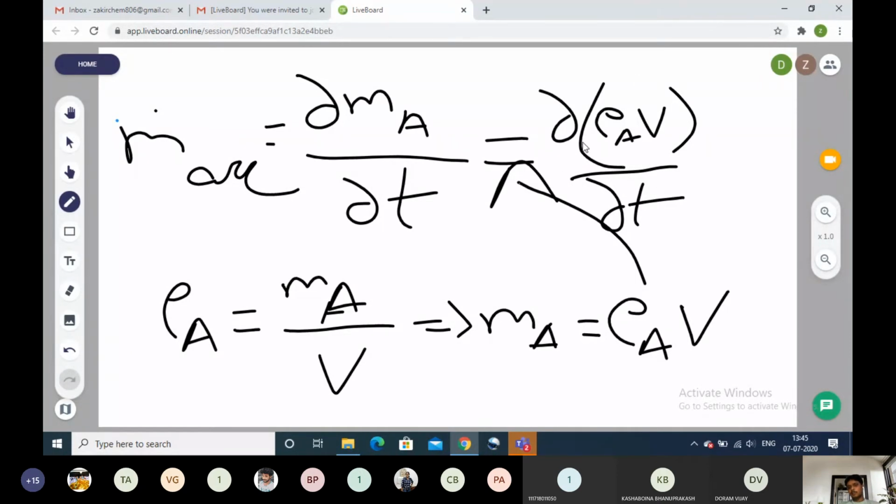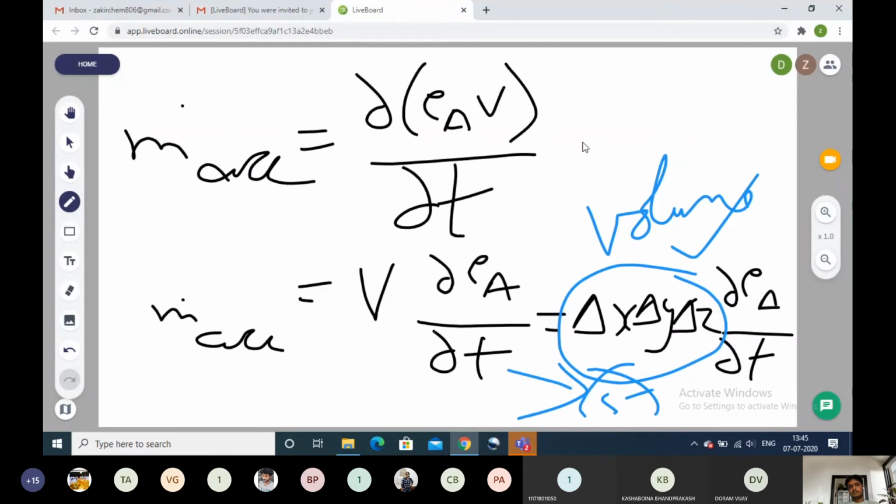This is the overall equation for the accumulation. Then we can separate out the volume. The total volume of the cuboid or reactor or bowl is constant, so we can take it out of the differentiation. The leftover term will be volume multiplied by dou rho A by dou t. The volume of the cuboid is delta x into delta y into delta z. We have written it here.